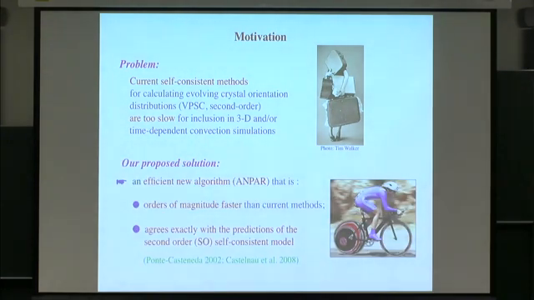So what I'm going to try to do today is show a proposal for an efficient new algorithm, which I call ANPAR, for analytical parameterization, which is, on the one hand, orders of magnitude faster than current methods, and which agrees exactly with the predictions of the state-of-the-art homogenization model, the so-called second-order self-consistent model. I say exactly, that may sound arrogant, but I really mean it, and you'll see why. So I should say the self-consistent model was proposed with Ponte Castañeda in 2002, so it's a fairly recent model.